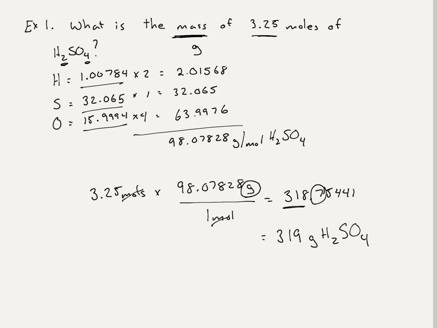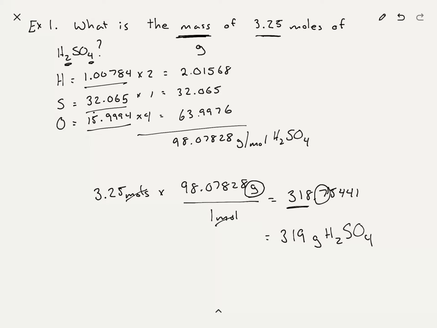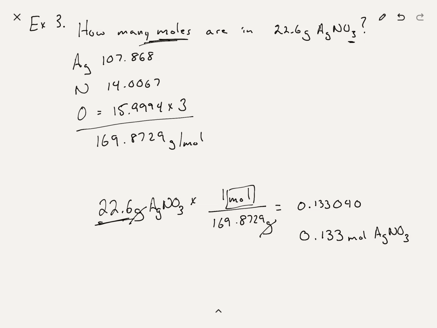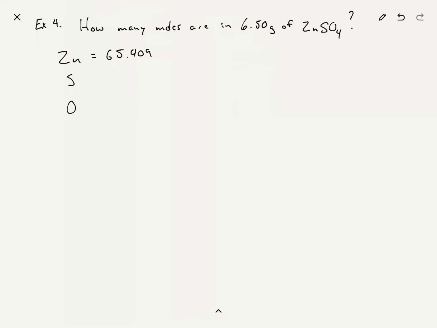Sulfur, we looked that up in our first problem, was 32.065. And oxygen is 15.9994 times 4, because we have 4 of them. And we need to add all those together.